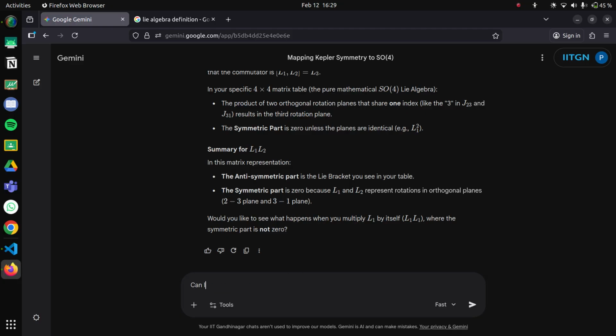Okay, I'm just going to ask it. Can I define the multiplication to be nabla sub q a b equal to nabla sub q a nabla sub p b?